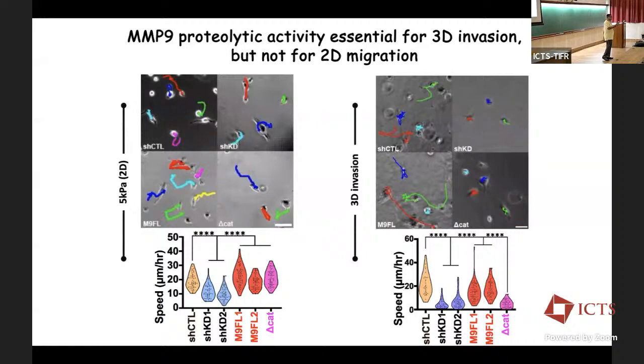So this suggests that while the spread morphology and 2D migration can be sustained by MMP9 independent of its catalytic activity, catalytic activity is absolutely essential when the cell is migrating in a 3D matrix filled with collagen.